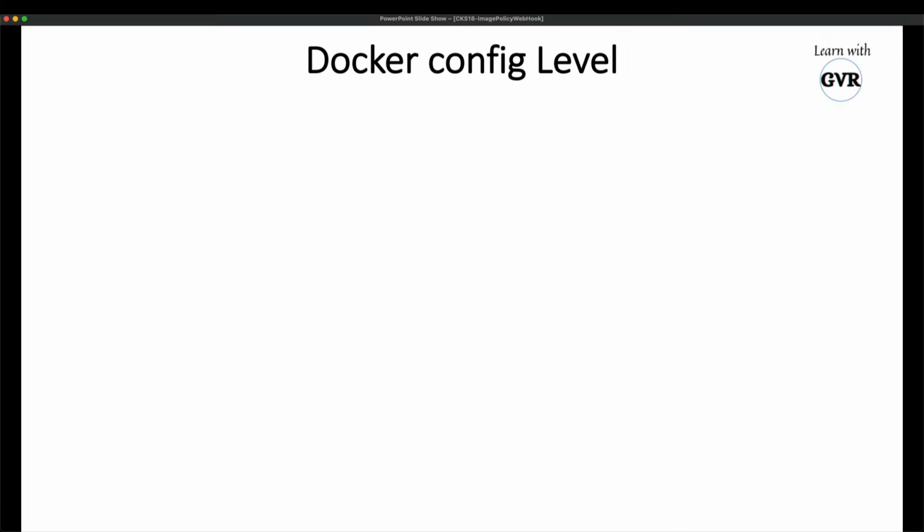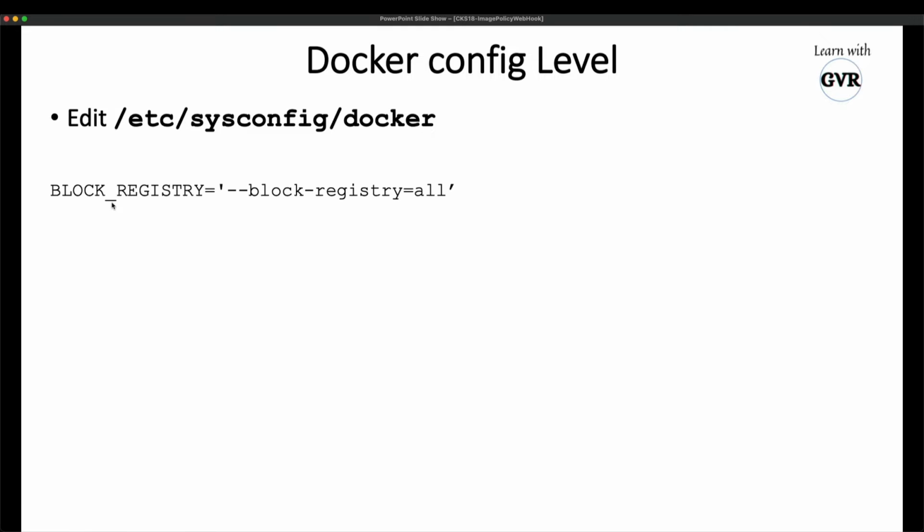Now, first is the Docker configuration level. If my machine is installed with Docker, how do I do it? On your machine, go to /etc/sysconfig/docker. There is a file called docker. There you specify a command if you want to block all the registries.